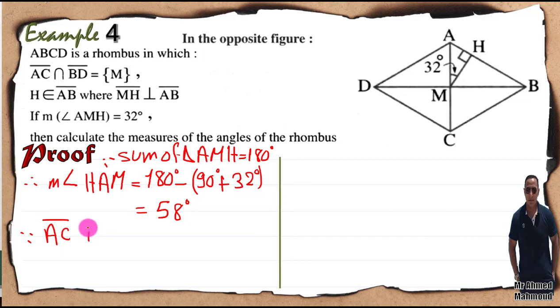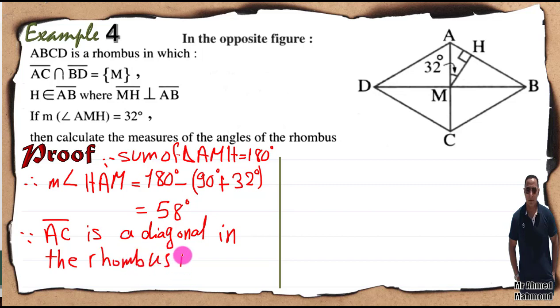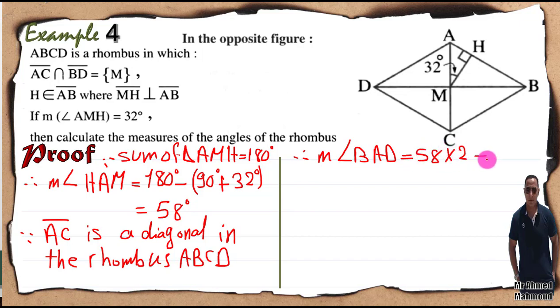Okay, therefore since AC is a diagonal in the rhombus ABCD, the measure of angle BAD equals 58 times 2, which equals 116 degrees.